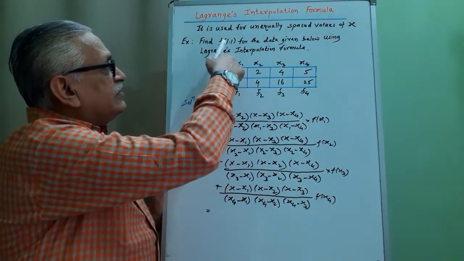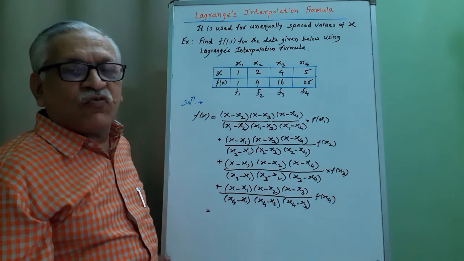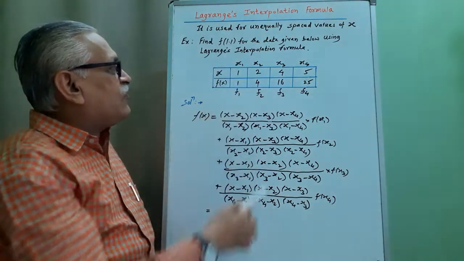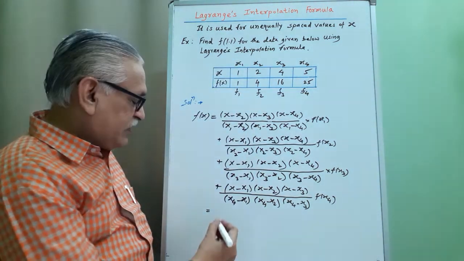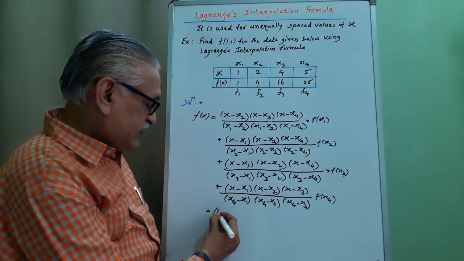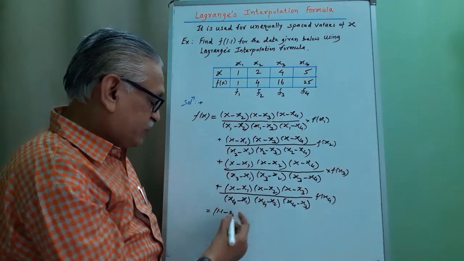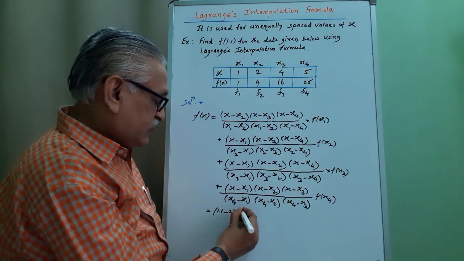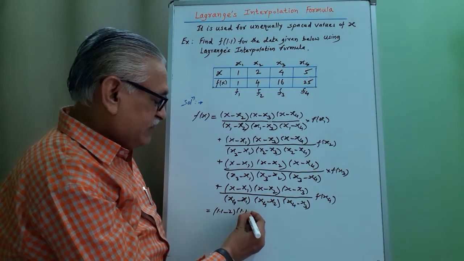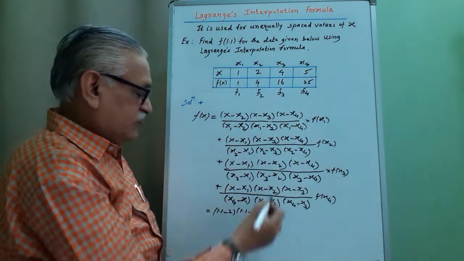Here x means the point at which we require to find the value of the function, that x is 1.1. Therefore it is 1.1 minus x2, that is 2. Next 1.1 minus 4.